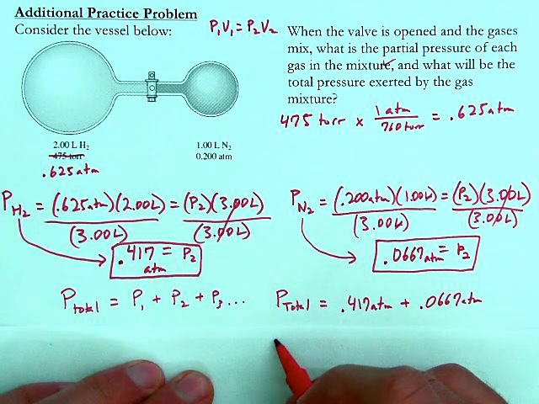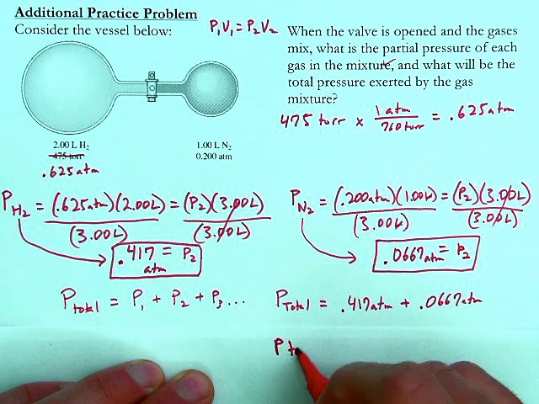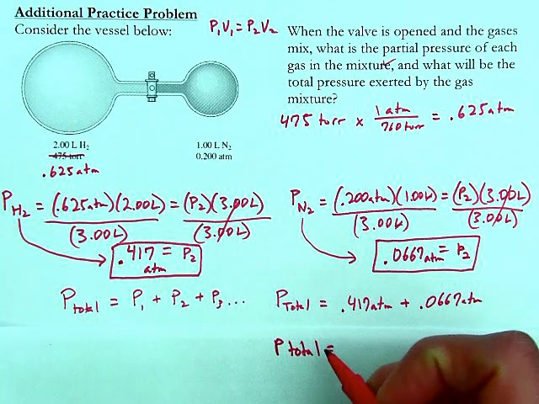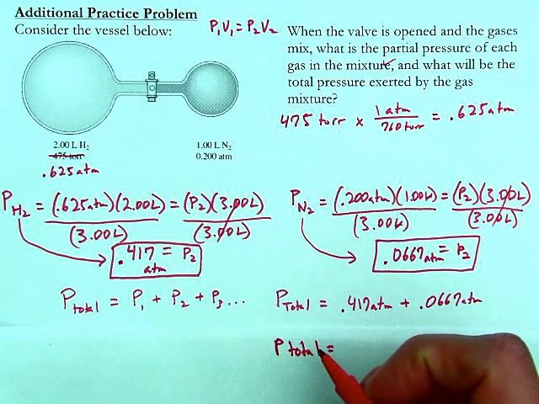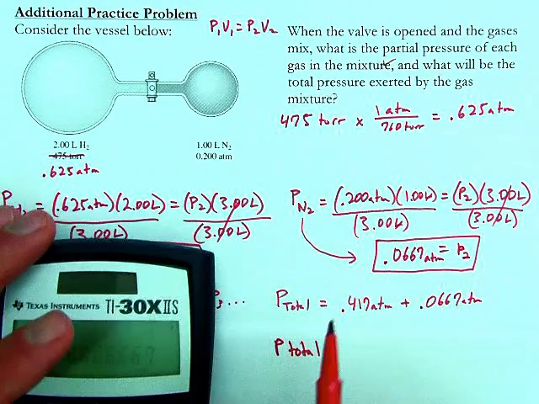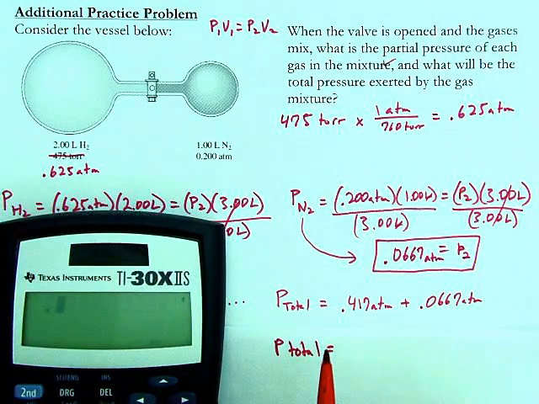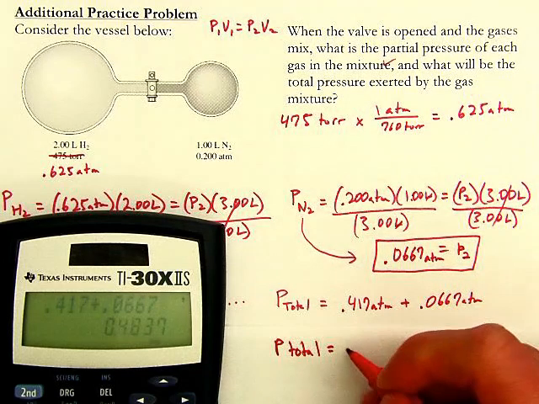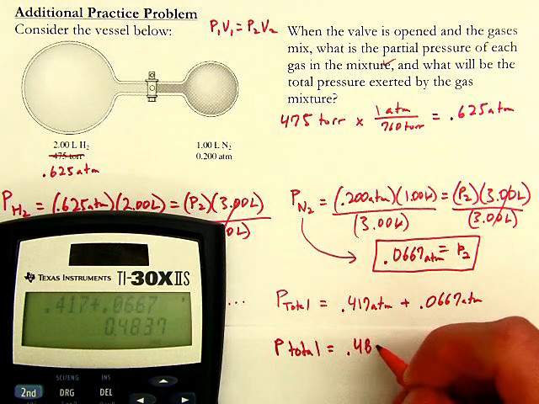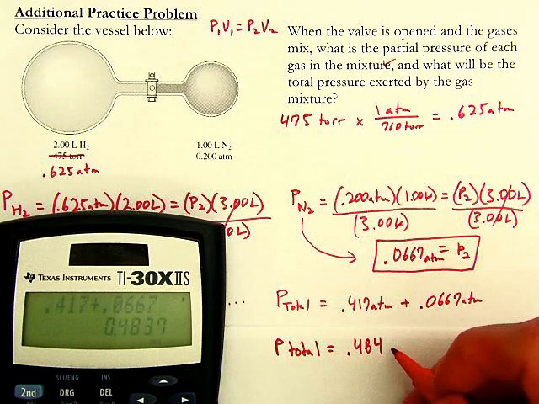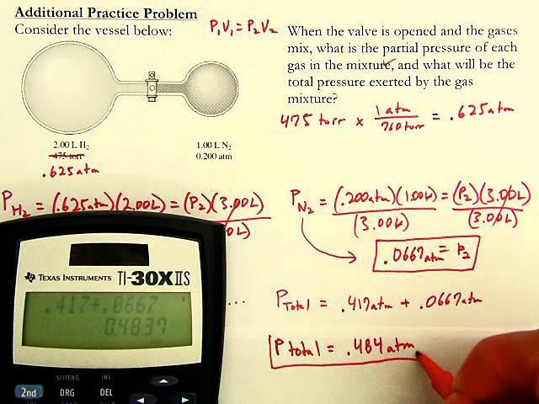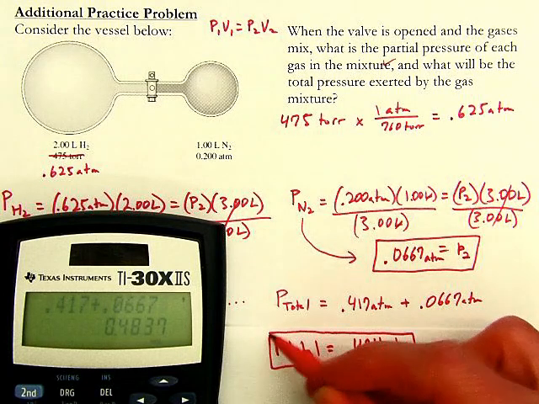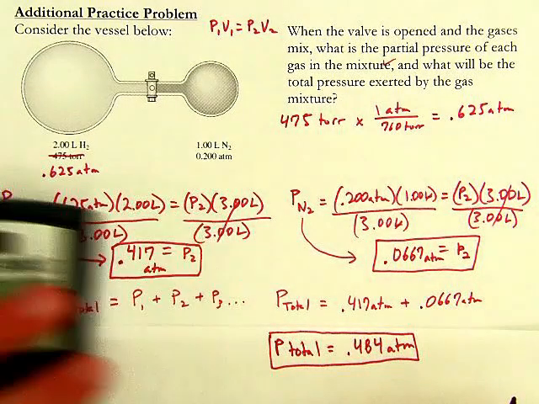So if we add those together, we get our P total, which equals 0.417 plus 0.0667, and we get 0.484 atm. That's the total pressure inside the container once the valves are opened.